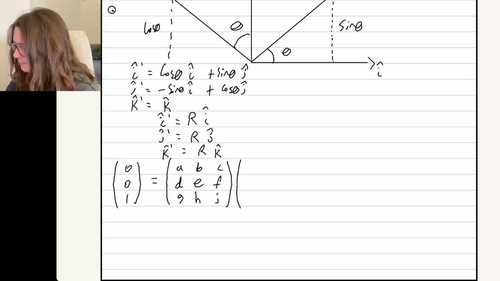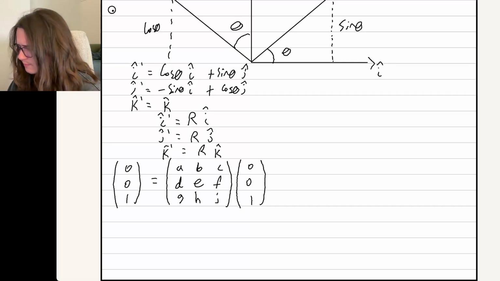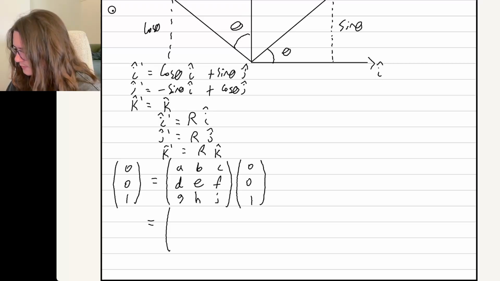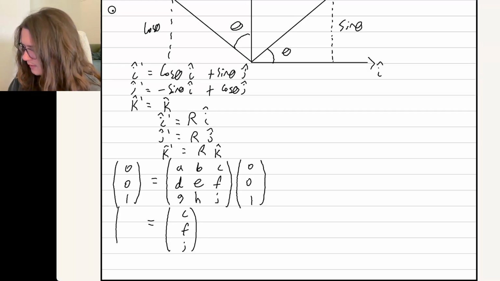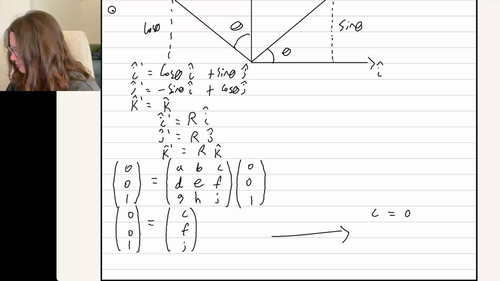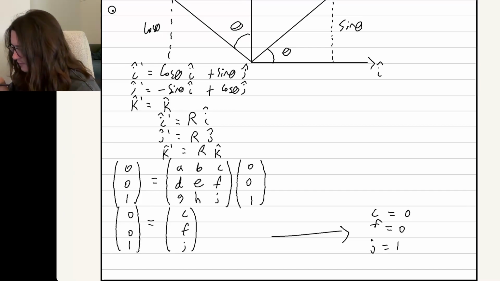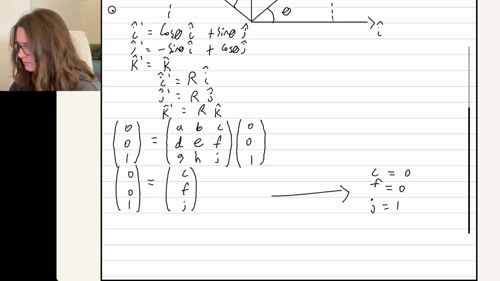And then that is times the original k hat vector, which is 0, 0, 1. If you carry out that matrix multiplication on the right hand side, you just get C, F, J, and we know that has to end up being equal to 0, 0, 1. So you can just go component by component. C will be 0, F will be 0, and J will be 1. So we've already taken care of 3 letters of our matrix.